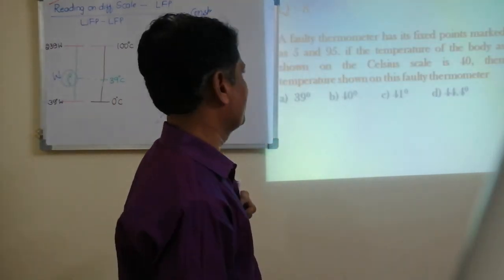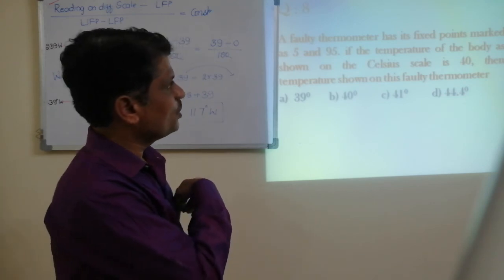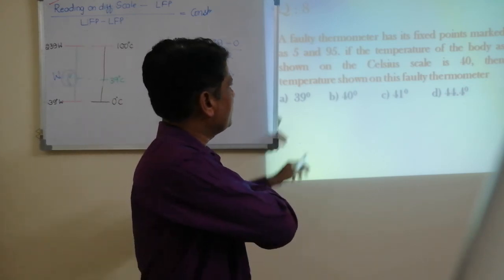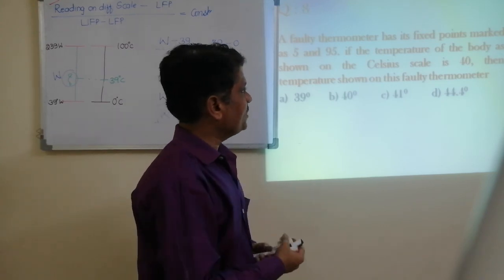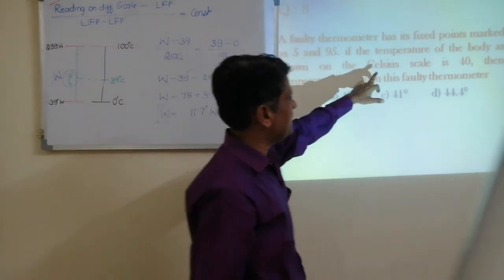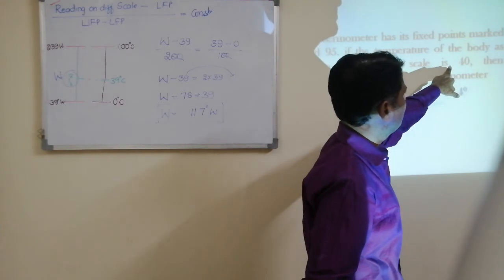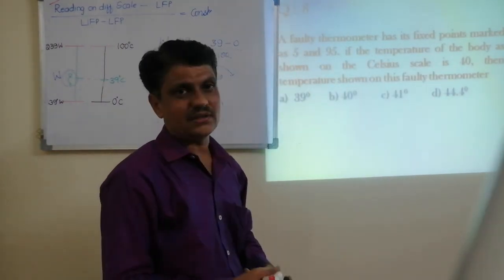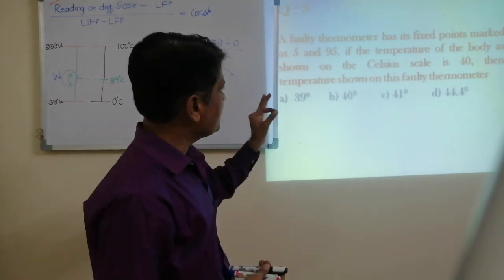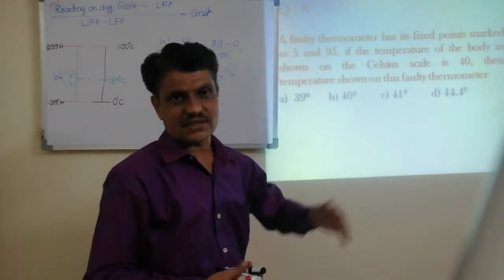Question number 8. A faulty thermometer has fixed points marked as 5 and 95. If the temperature of the body shown on the Celsius scale is 40 degree, then the temperature shown on this faulty thermometer is? Once again our method remains the same.